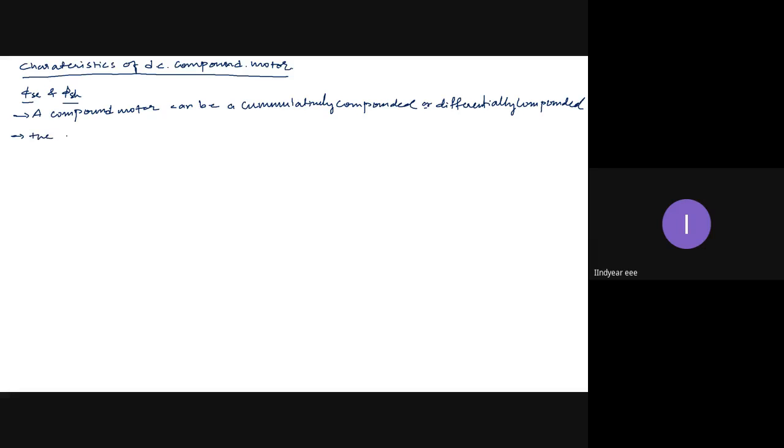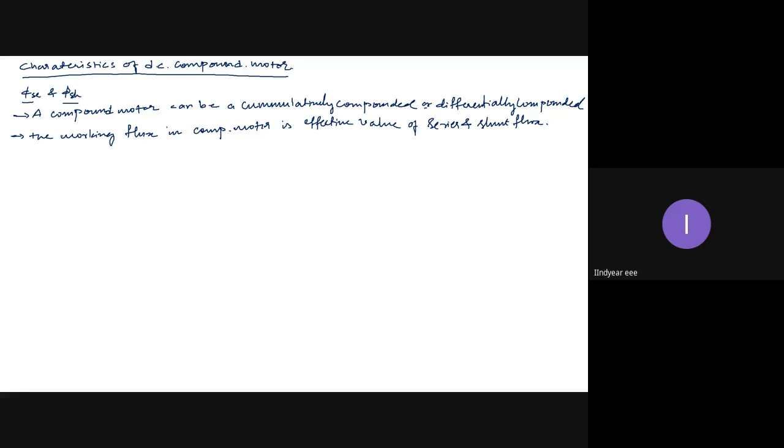The working flux in a compound motor is the effective value of series and shunt flux.